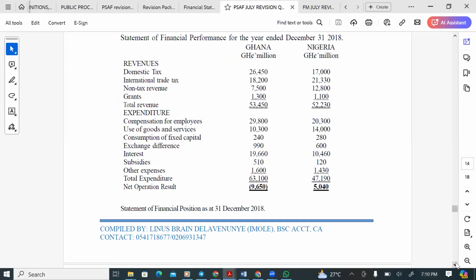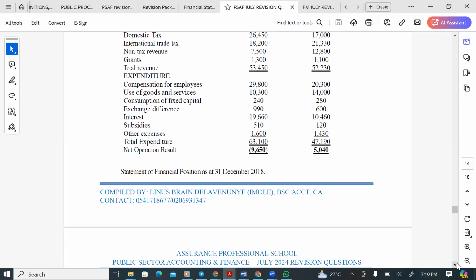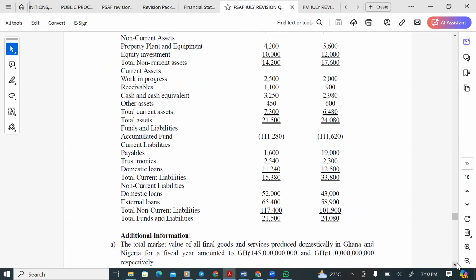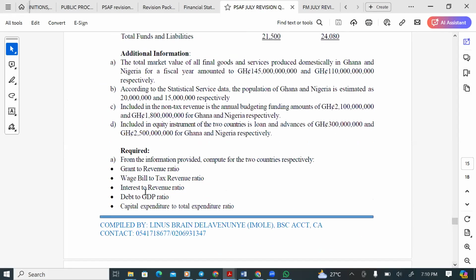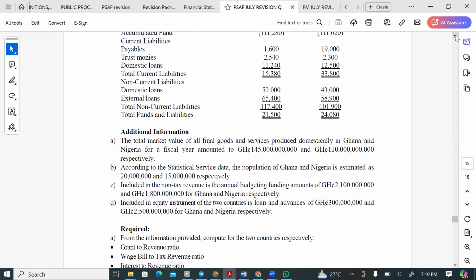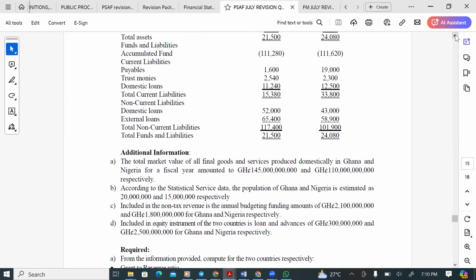Please don't go and be showing the examiner how these figures are worked out; nobody is going to mind. Okay, debt to GDP ratio. How are we going to be calculating our debt? We can calculate our debt from the statement of financial position.